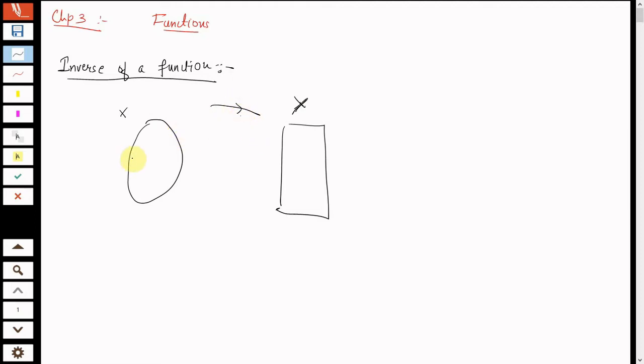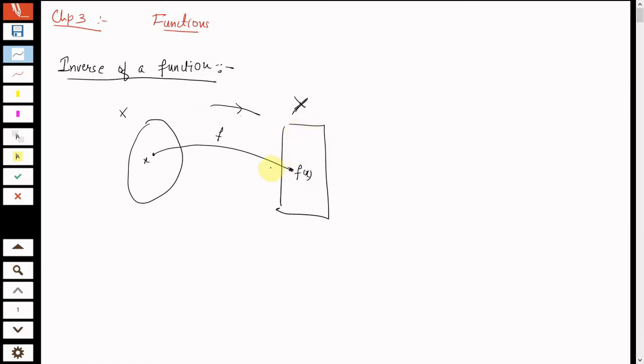What it does is take every element from this set X to some unique element in Y. If x is the element over here, when it reaches here through this f, we call it f of x. So this f of x is the element in Y.